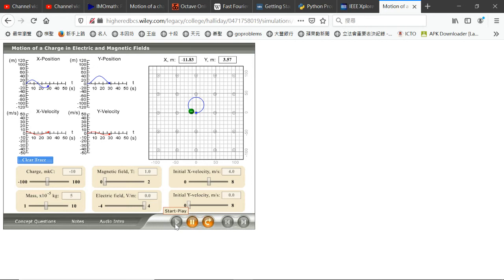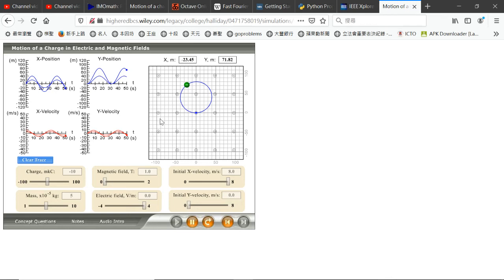Decrease. So if I just, this is for 8. So the radius is double.